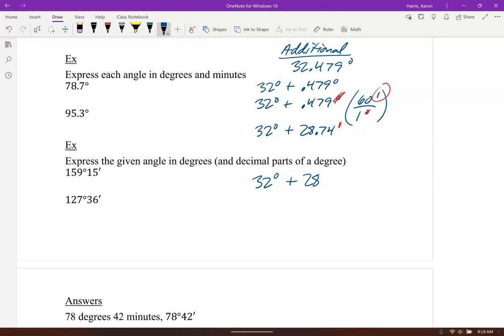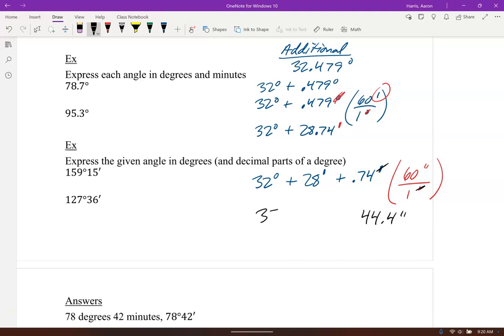So I have 32 degrees plus 28.74. So I'm okay with the 28 part, 28 minutes. But now I've got to deal with the 0.74 minutes. I don't like the decimal part, so I've got to convert that. There's 60 seconds for every 1 minute, and now my minutes cancel. So I have 0.74 times 60, which is 44.4 seconds.